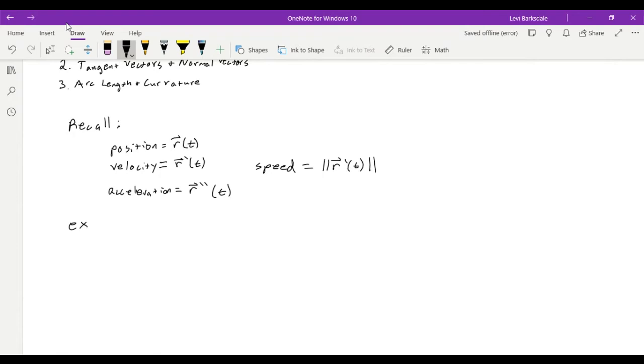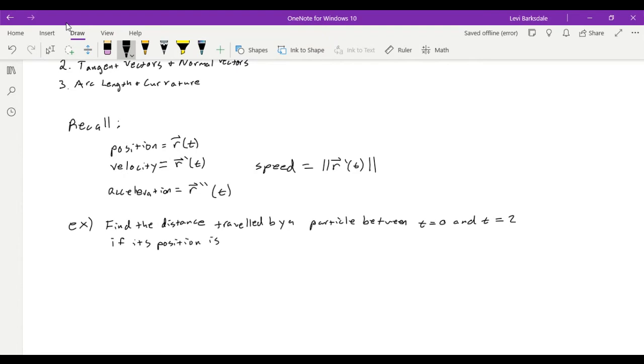And for instance, if we wanted to do a really quick problem, let's say we wanted to find the distance traveled by a particle between t equals 0 and t equals 2, if its position is r of t equals 1/2 t squared, 1/3 t cubed.